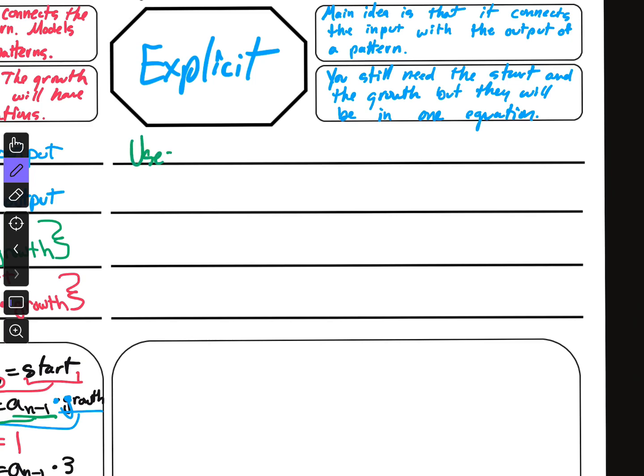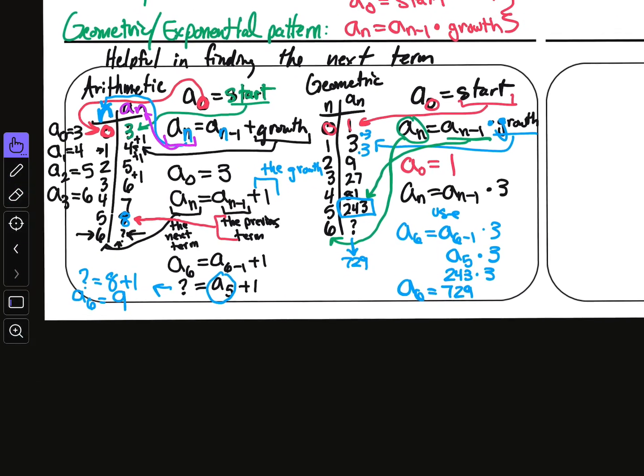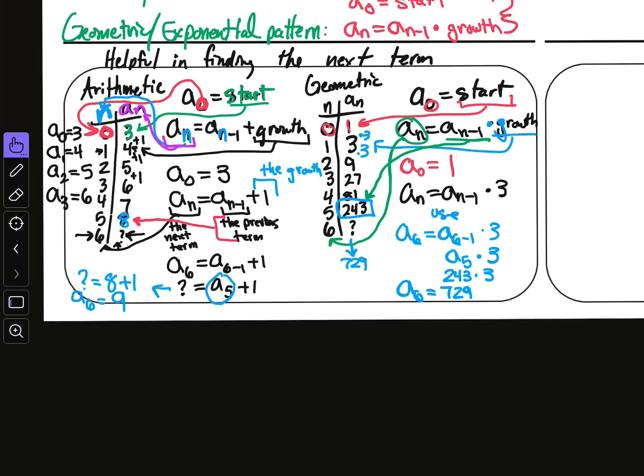So what we do here is it uses the pattern, or the growth, so we don't need previous outputs, whereas recursive does, okay? Speaking of, I'll go back to this. If I wanted to find the 100th term, I can't just figure out the 100th term.